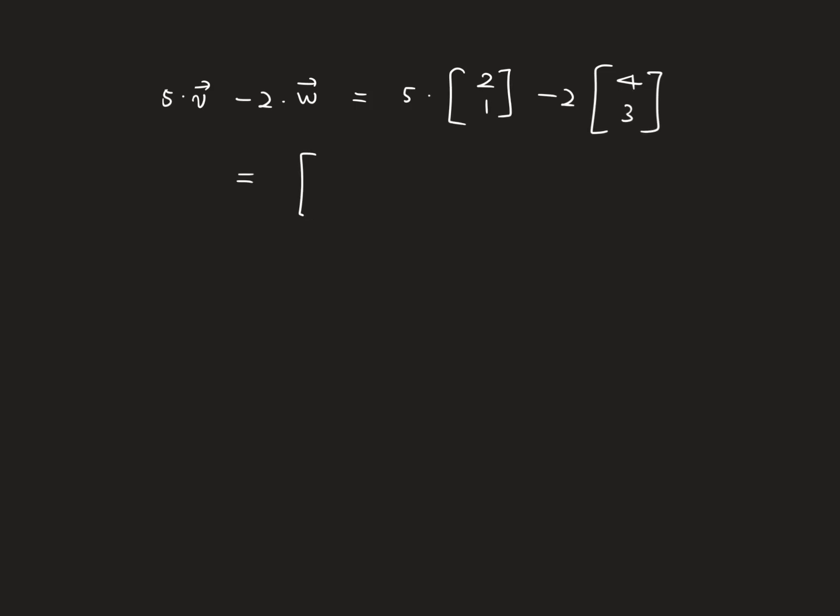What we get is (10, 5) minus (8, 6). So the result is (2, -1). This is the result of this linear combination.